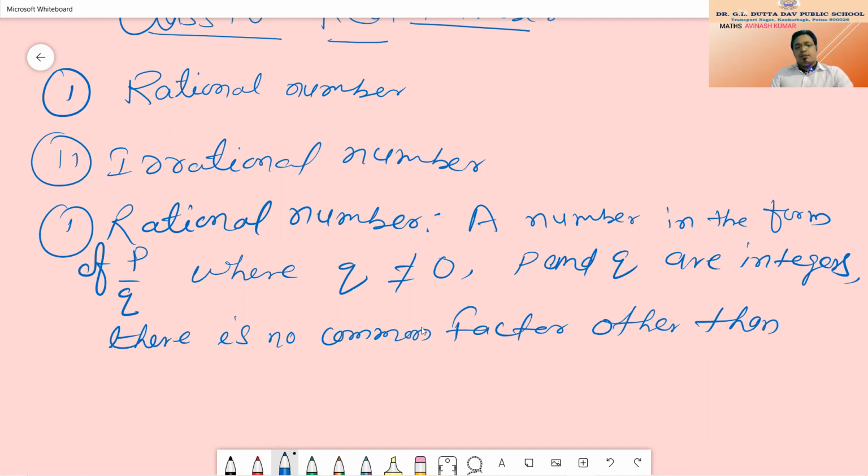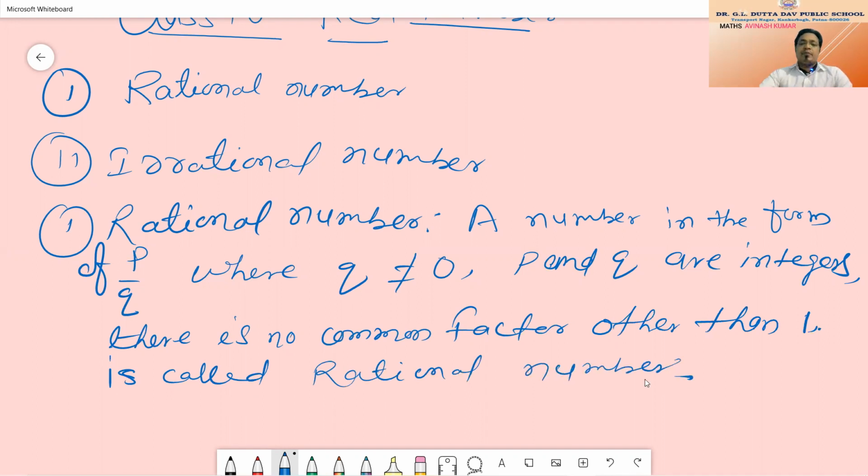Fine. So a number in the form of p by q with no common factor other than 1 is called a rational number. Fine. Okay, students.